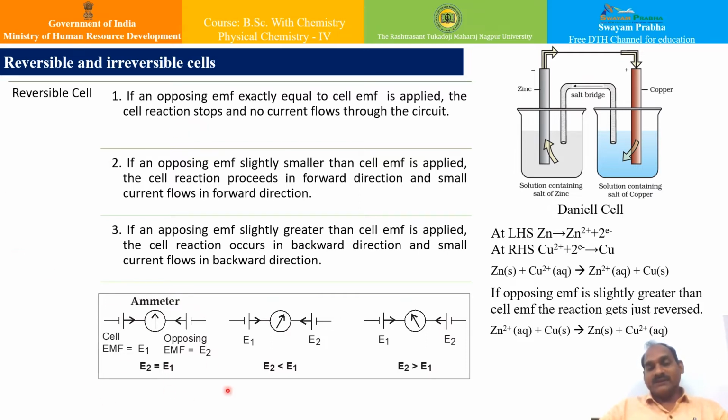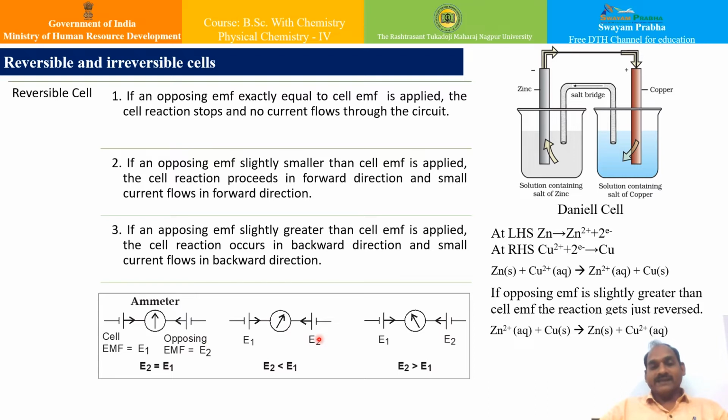Diagrammatically, it is represented over here. So these reversible processes will exist if these three conditions are satisfied. In the first case, the opposing EMF is exactly equal to the cell EMF, and therefore there will be no net cell reaction. Therefore, no current will flow through it.